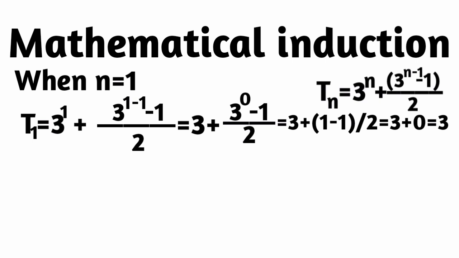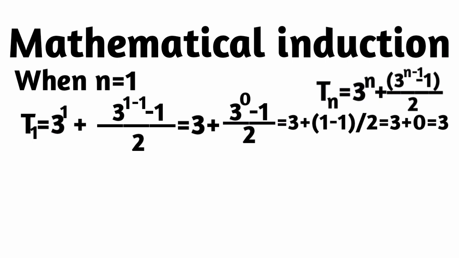Now when we put the value n is equal to 1, we get T1 is equal to (3 power 1 plus 3 power 1 minus 1) divided by 2, which is equal to (3 plus 3 power 0 minus 1) divided by 2, which is equal to (3 plus 1 minus 1) divided by 2, which is equal to 3 plus 0.